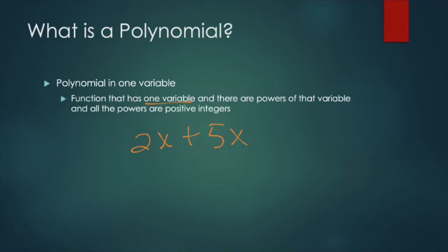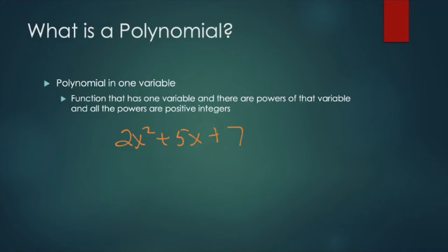We have one variable, and there are powers of that variable, meaning exponents, and all the powers are positive integers. So if I had 2x squared plus 5x plus 7, this has one variable. It has an x, not x and y or x and z.